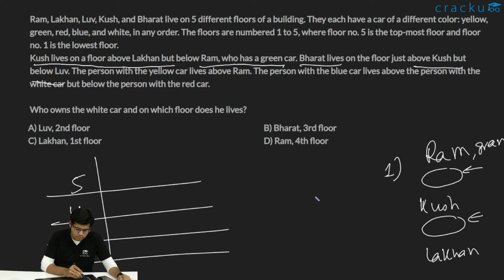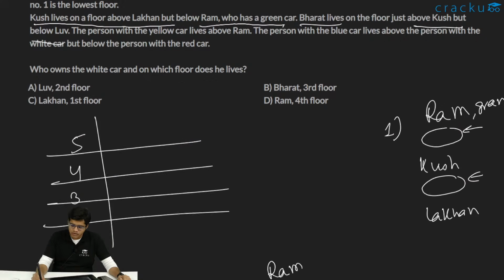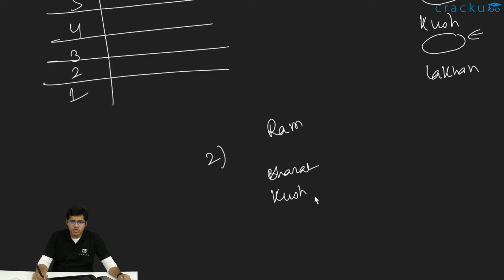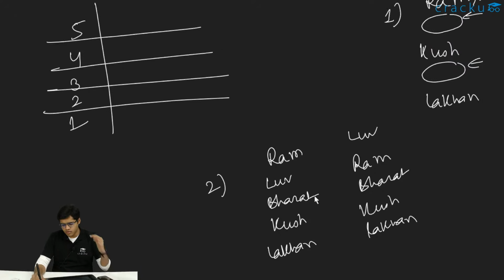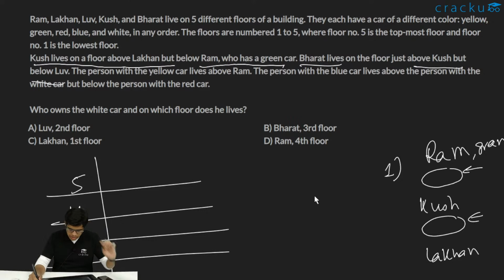Below Love means Love is above Bharat, which means 2 cases are possible. Either Love is between Ram and Bharat, or it is like Ram, Bharat, Kush and Love, and at the end we will have Lakhan. So these are the possible 2 arrangements.